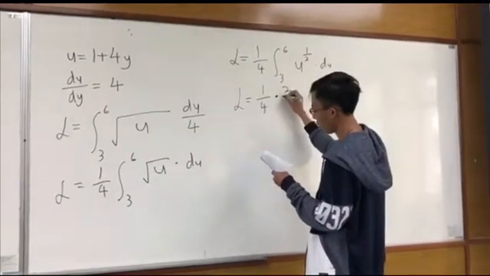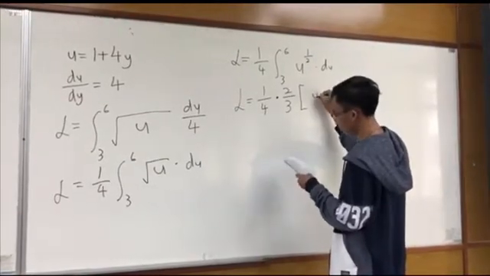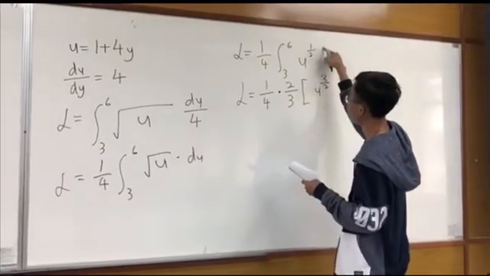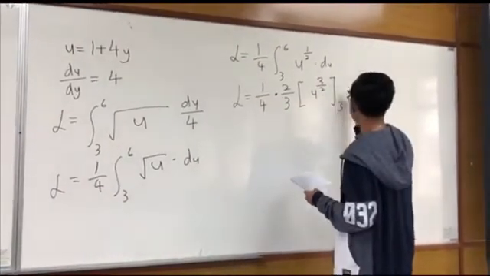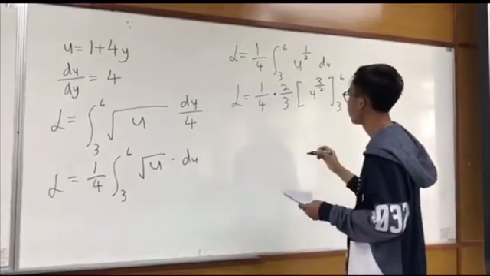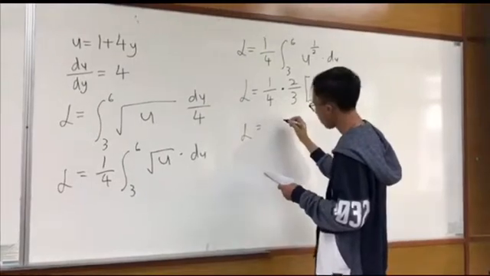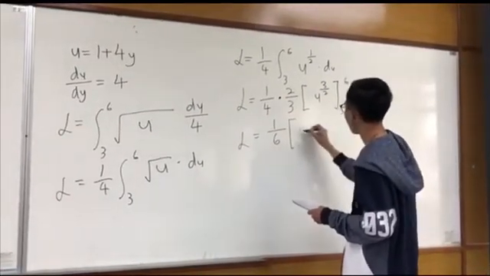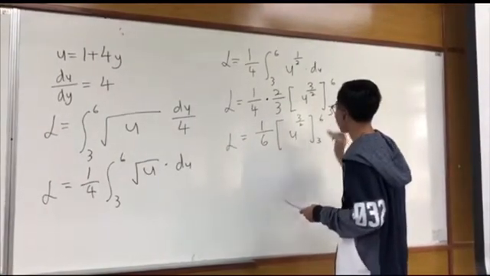What we got is 1 over 4 times 2 over 3 times u to the power of 3 over 2, since we add 1 to the power, from 3 to 6. We cancel and we got 1 over 6 in the bracket of u to the power of 3 over 2, from 3 to 6.